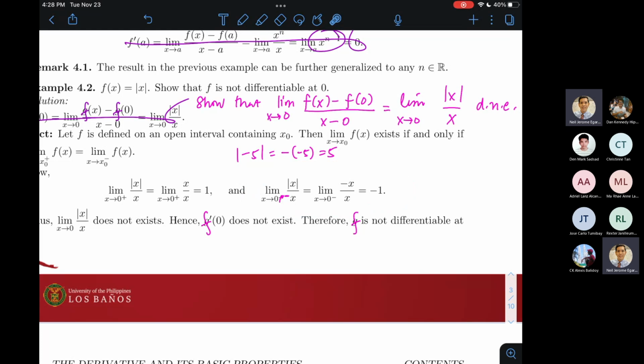Pero sa Math 155, we don't care about those one-sided derivatives. Okay? So, yun lang nga lang, ang usapan dapat mag-exist yung limit. But intuitively, the limit from the left and the limit from the right are actually your one-sided derivatives. But we will not be going through the nitty-gritty of those things kasi ang mas focus natin ay differentiability in general. Okay?